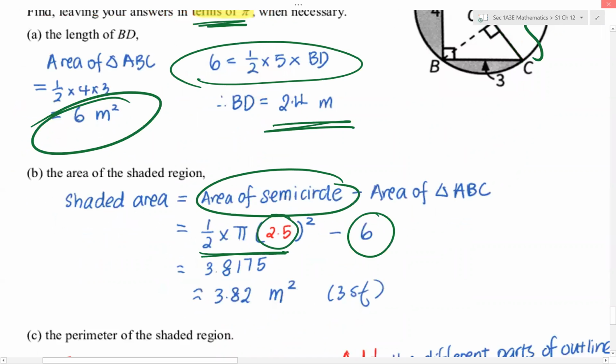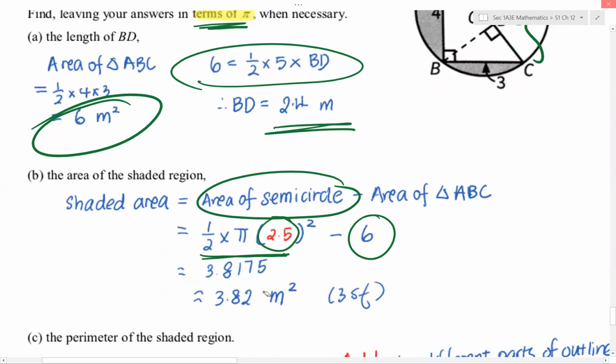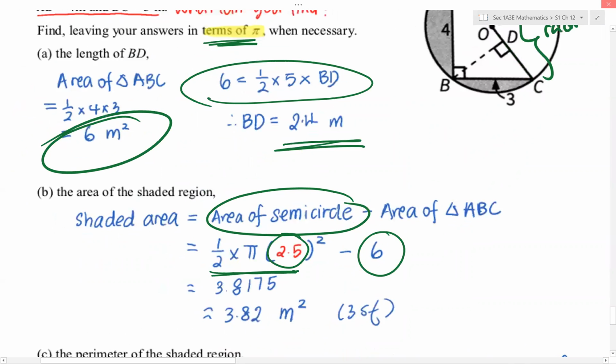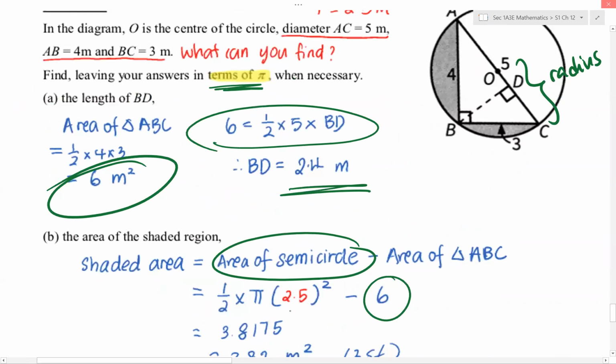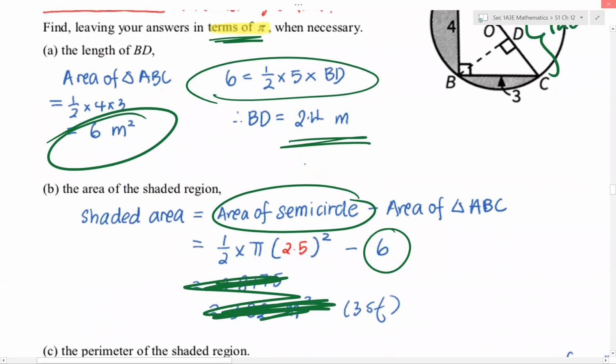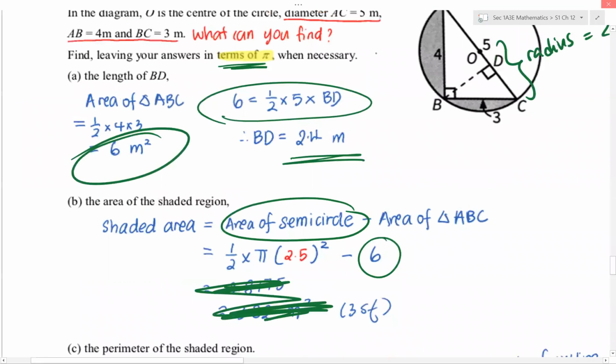See, there's an error. Okay, we're not supposed to put it like this. I'm going to change the question slightly when able. Okay, the word necessary is a bit ambiguous, right? Necessary, is it necessary? I don't know. You tell me. But if the question says we're able, yeah, I am able to leave it in terms of pi.